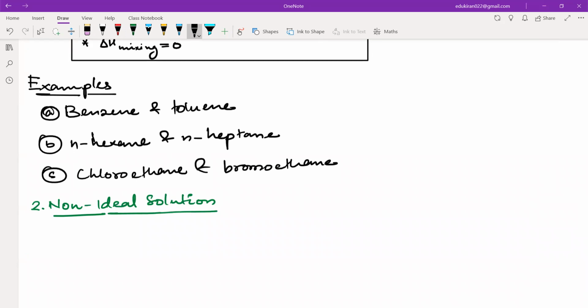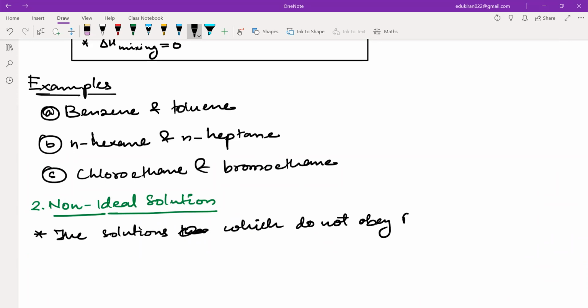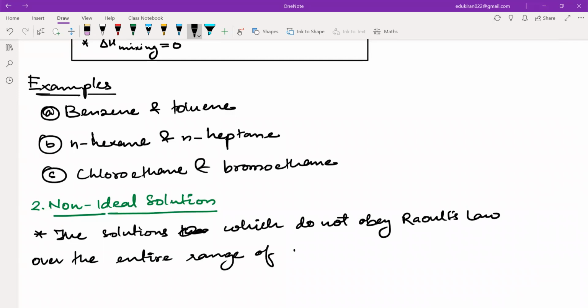So non-ideal solution, we can start by writing: the solution which does not obey Raoult's law over the entire range of concentration. The solution which does not obey Raoult's law over the entire range of concentration.